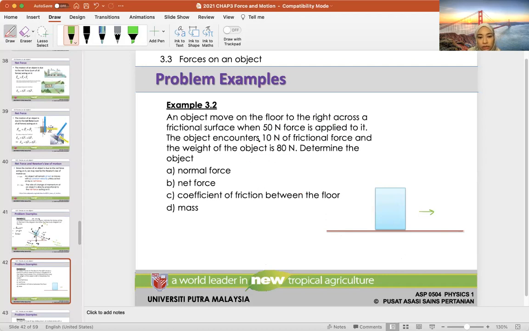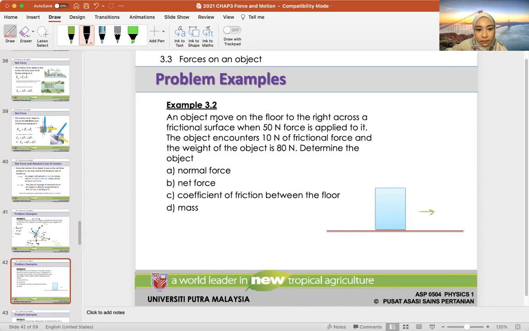The object encounters 10 Newton of frictional force and the weight of the object is 80 Newton. Determine the normal force, net force, coefficient of friction and mass. Alah, tak boleh buat lagi sebab korang tak belajar lagi ni. Okay, so kita buat sama-sama. Saya dah penat ni. Okay, tak apa.